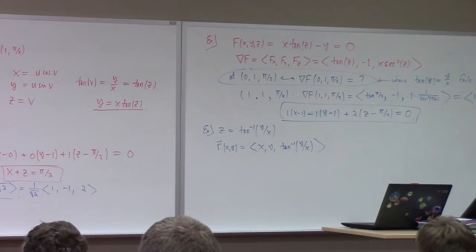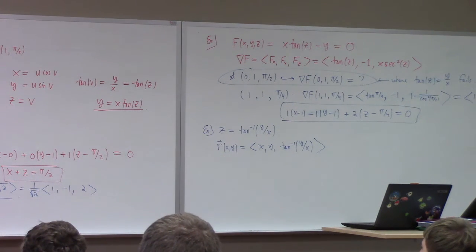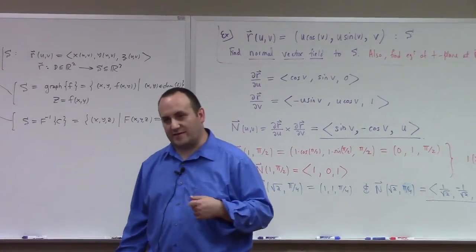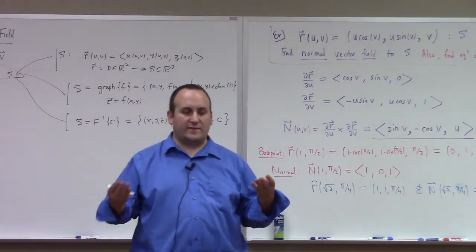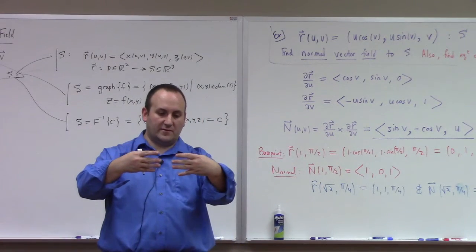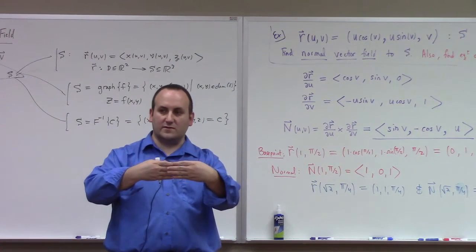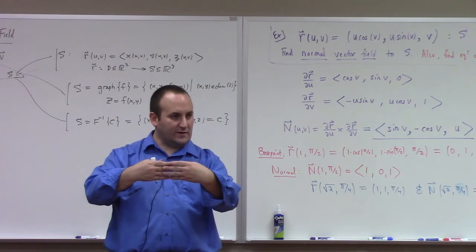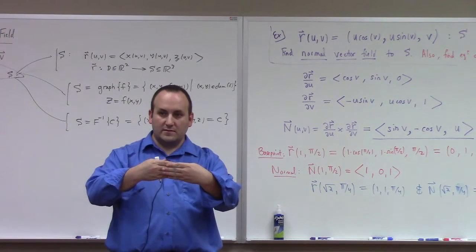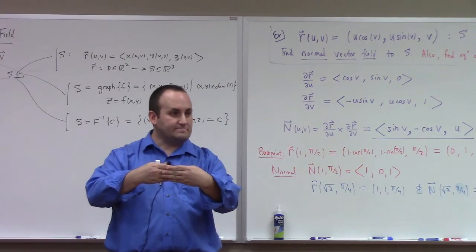The graph is saying z is equal to inverse tangent of y over x, right? We'll say, no, graph's not a parameterization, it's an equation. It's z equals inverse tangent of y over x. I kind of agree with you. That's my point. The graph is the middle ground. It's kind of an equation, but you can easily convert it to a parameterization, where the parameters are x and y.